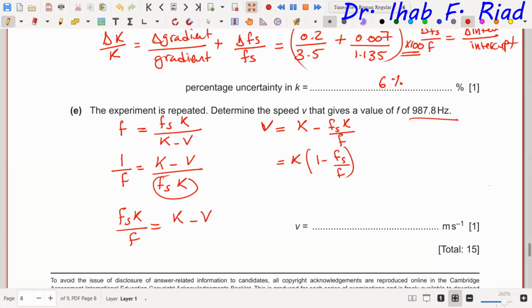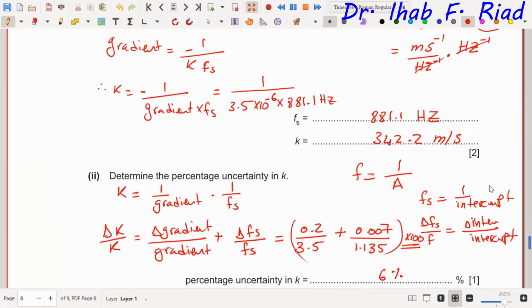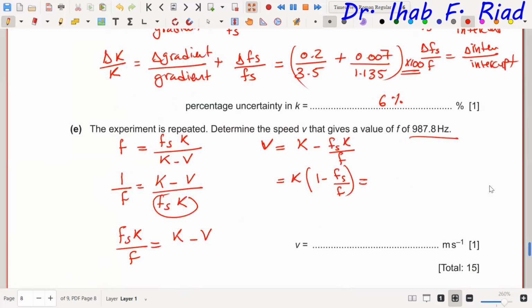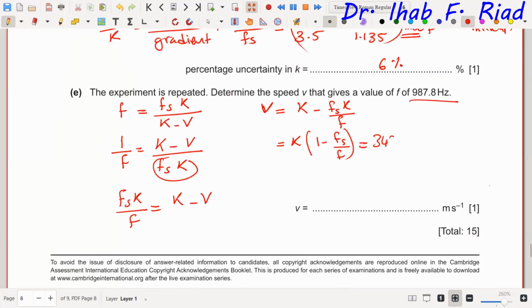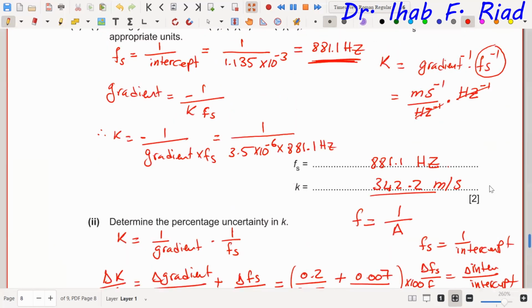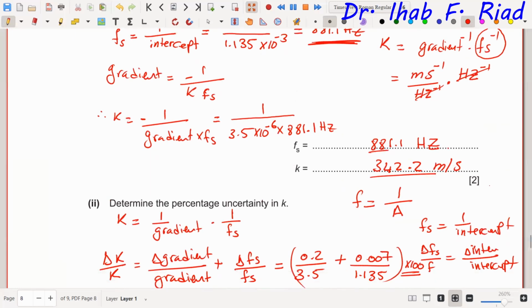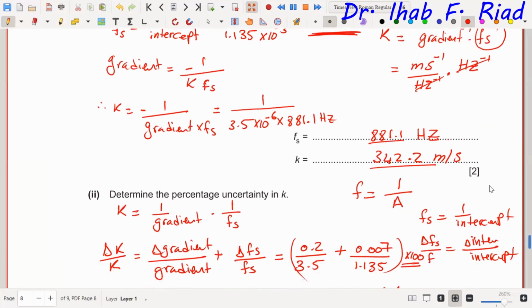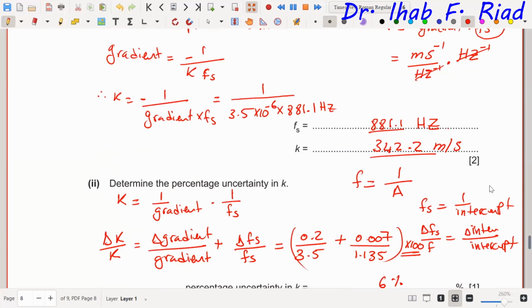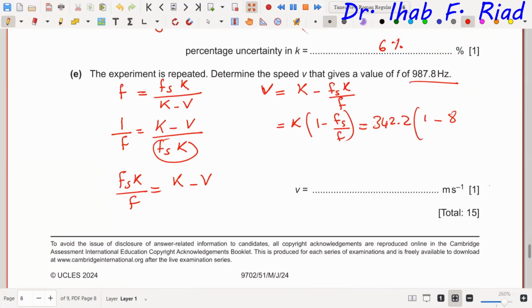And we just substitute. What is K? 342.2. What is Fs? 880.1. Yes.